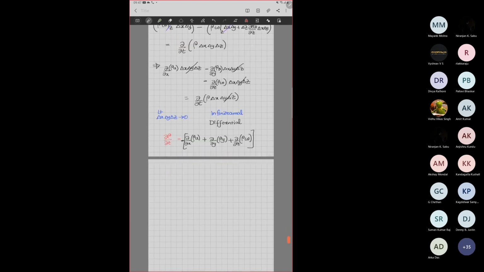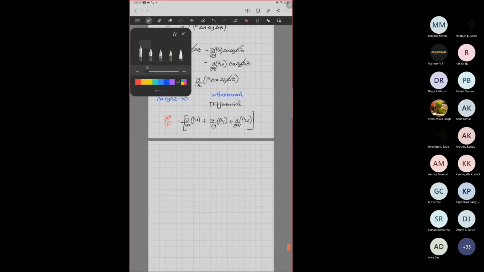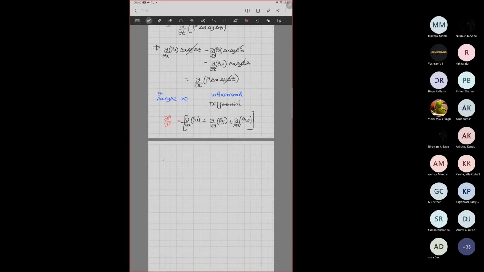Minus this, if we are going to write it in a general way, del rho by del t per unit volume, because we have divided by delta x, delta y, delta z on both sides. That means we have taken out volume common out of the system. So kg per second turns out to be kg per meter cube per second, which is a density multiplied by volume. So volume goes off. So density per second we will be ending up with.